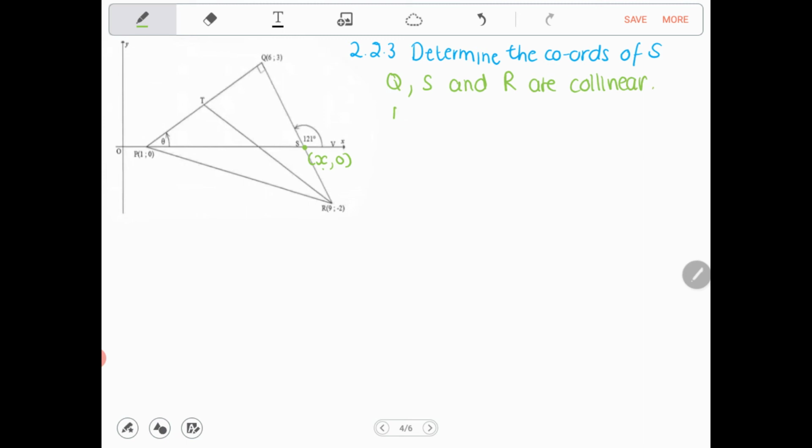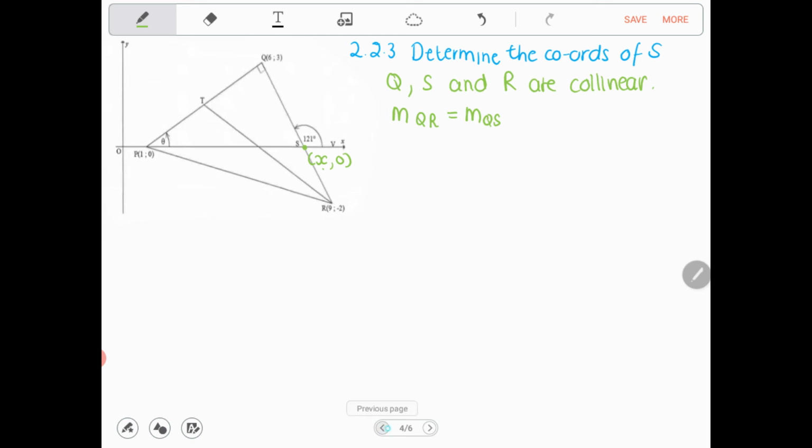So we could say the gradient of QR has to be equal to the gradient of QS. Equal gradients, common point, because they're collinear. We could calculate the gradient of QR, but this would be quicker.